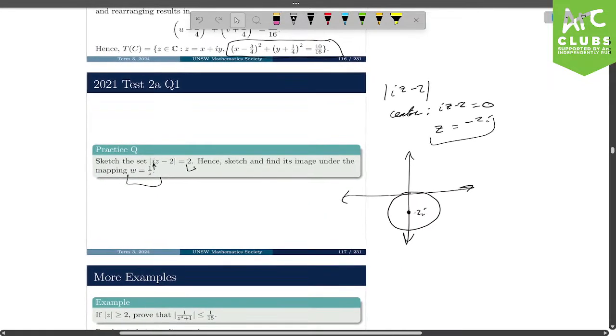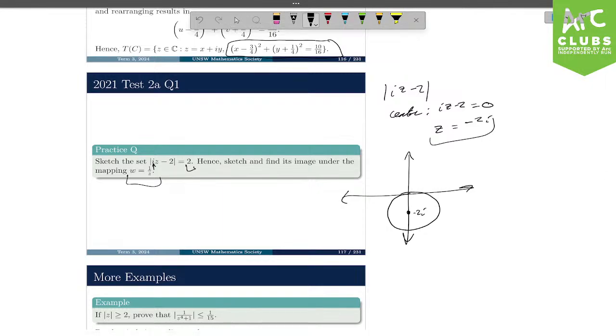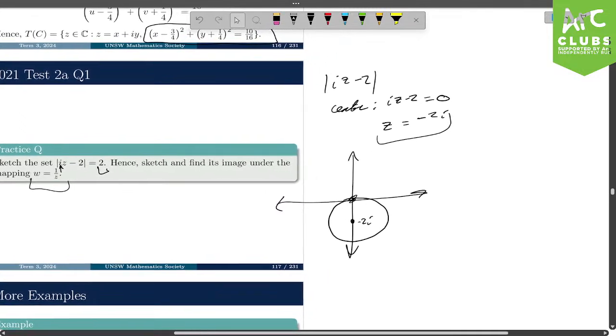If we perform 1 over z on this, a little bit of intuition about these 1 over z transforms is that if we have a circle that touches the origin, then 1 over z will bring that to a straight line, simply because our origin maps out to infinity, okay?